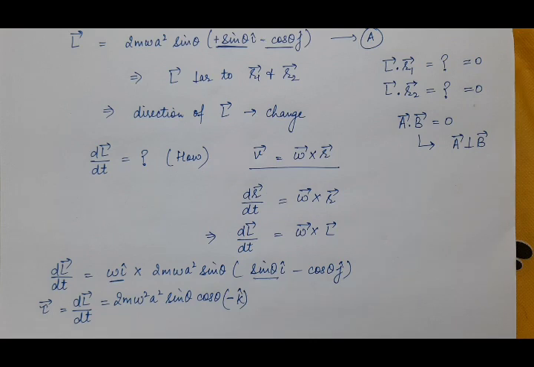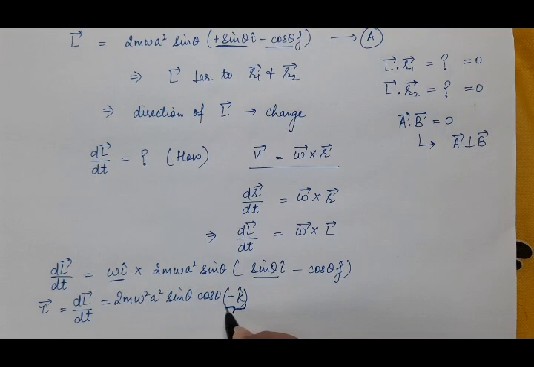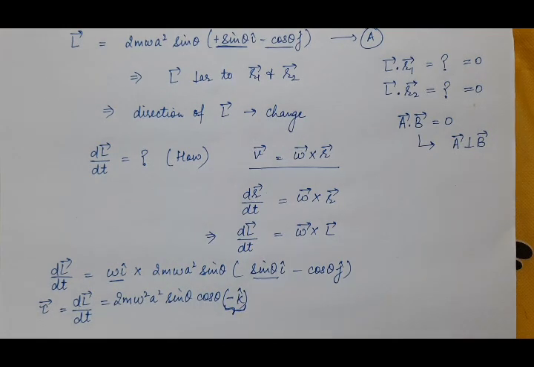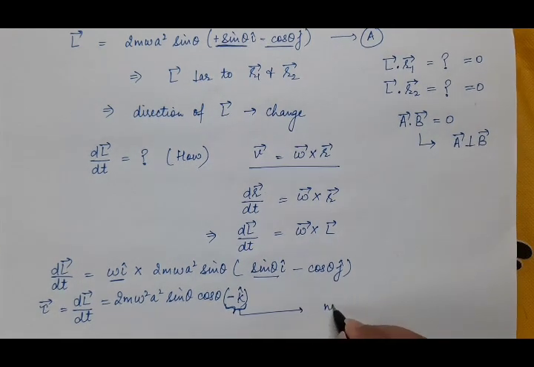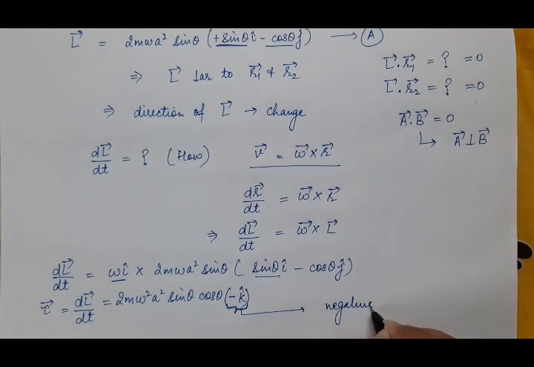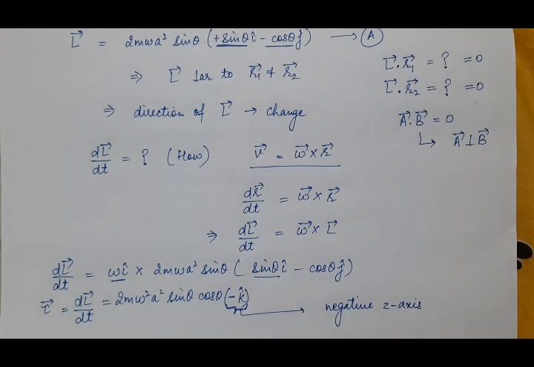If dL by dt is non-zero, therefore a torque will be acting on this two particle rigid rotator, and this is the value of torque. And this minus k cap tells us about the direction in which the torque is acting. So the torque is acting along the negative z-axis, means into the plane of the paper.